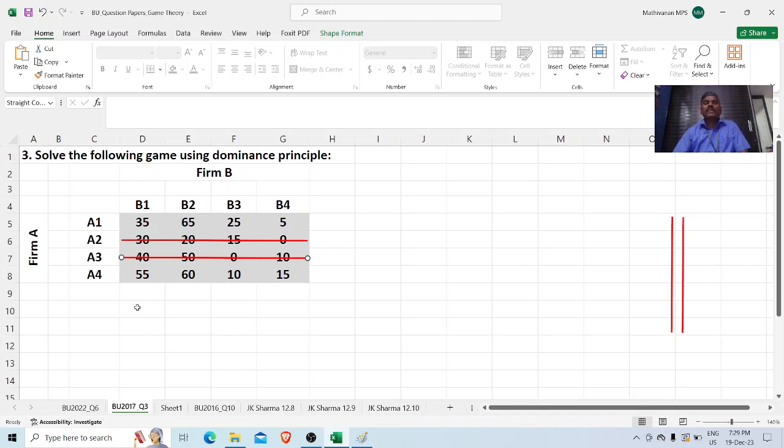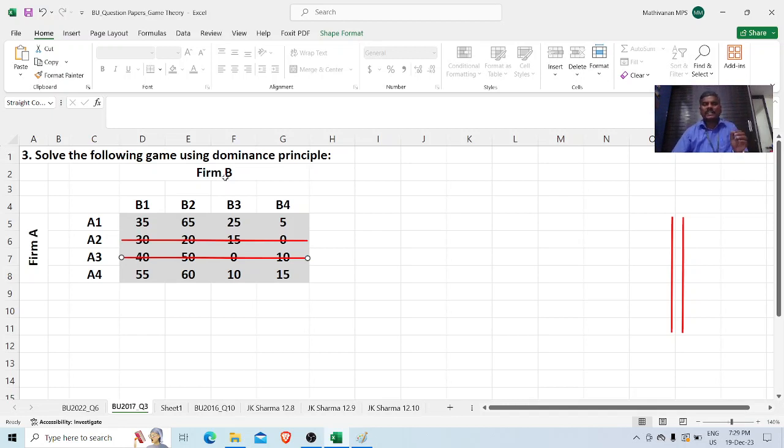Strategy B1 will result in 35 points gain when firm A is using strategy A1. What about the strategy B2? It is giving 65 points loss for firm B.